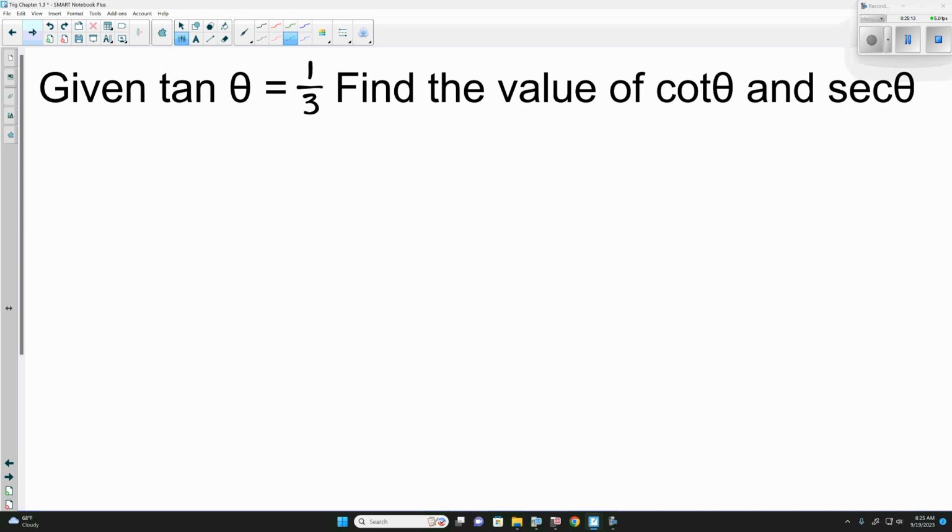Given that tangent equals 1/3, find the values of cotangent and secant. Well, cotangent is what? 1 over tangent, yes? So cotangent would be 3 over 1, which is 3.